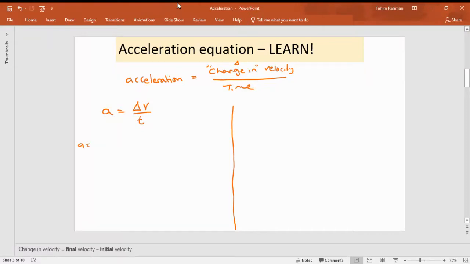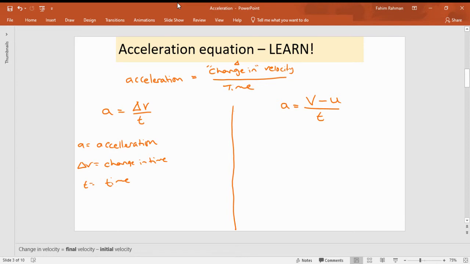So a is acceleration, delta v is change in velocity, and then t equals time. Now the other way that you could have it shown is a equals v minus u over t.